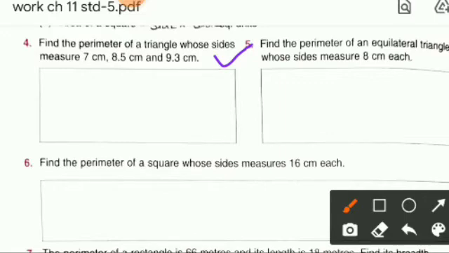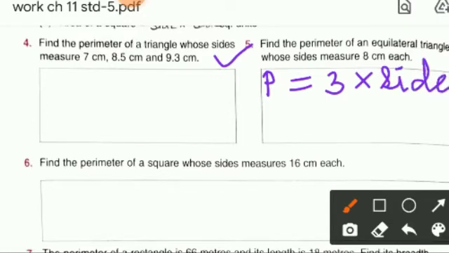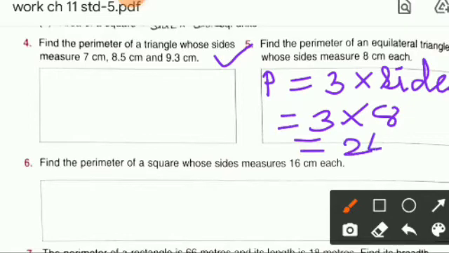So here we can use the formula P is equal to 3 into side, because a triangle has 3 sides and these 3 sides are equal in measure, 8 cm. So 3 into 8 is equal to 24 cm is the perimeter of this equilateral triangle.